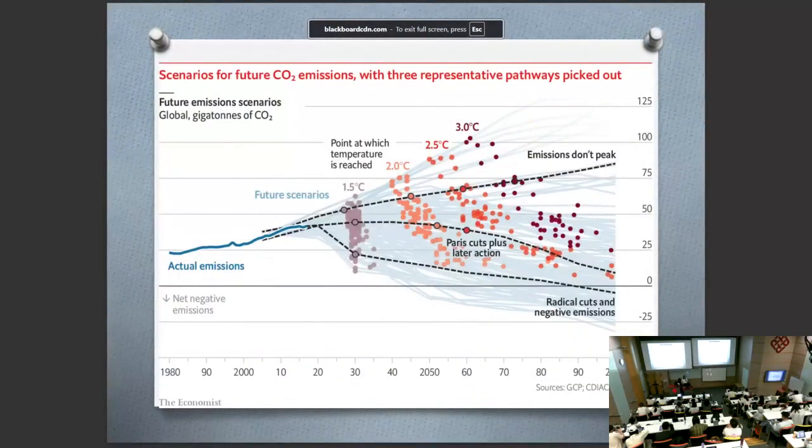Scenarios for future carbon dioxide emissions with 3 representative pathways picked out. So there are 3 highlighted lines. If the emissions don't peak, it means that we are emitting more and more carbon dioxide, it keeps increasing and increasing.